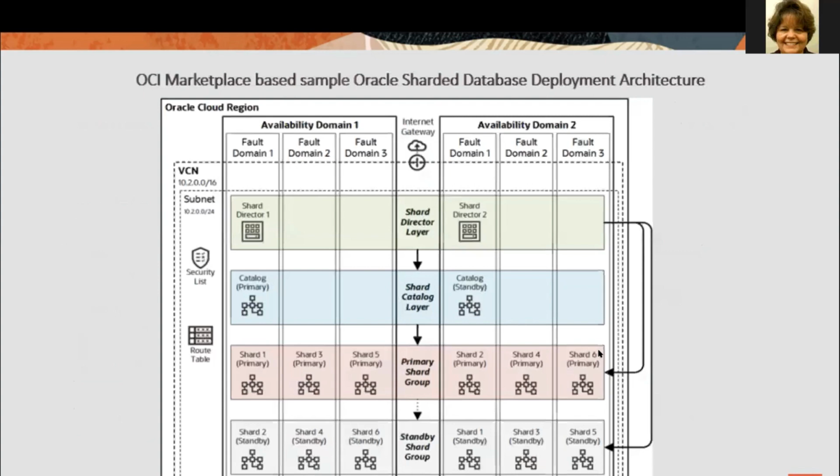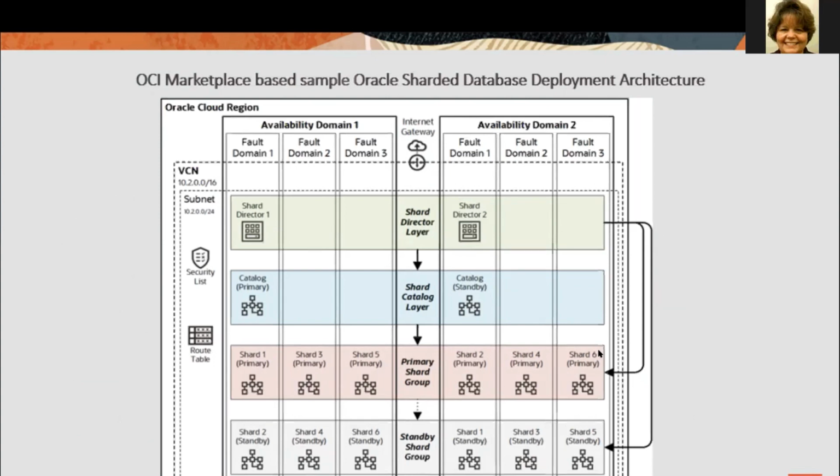Okay, now let us take a look at an OCI Marketplace-based sample Oracle Shard database deployment architecture. Within the user-chosen Oracle Cloud region, we create all the network fabric required for Shard database deployment, including VCN, a regional subnet, security list, routing table, as well as an internet gateway within the customer tenancy.